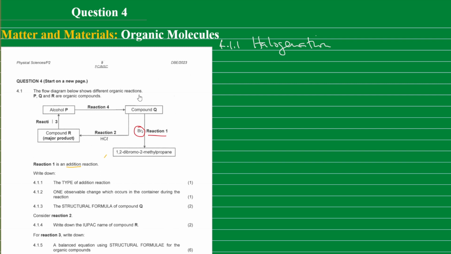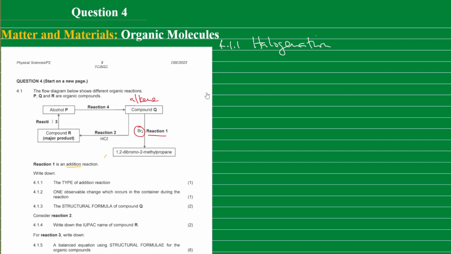Because with an addition reaction, we only add to an unsaturated hydrocarbon. So this should have a double bond, and then the other two bonds are filled in by Br2. When we react bromine with an alkene, the bromine is actually decolorized.